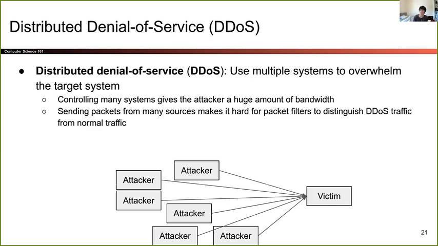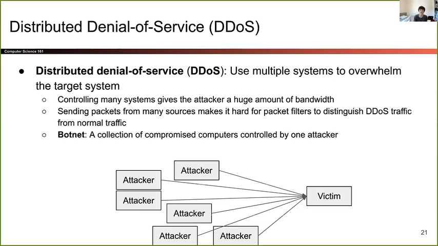So DDoS is definitely one of the more destructive DOS attacks out there, and it can be made really efficiently through something called botnets. A botnet is a collection of compromised computers controlled by one attacker. So let's say they wrote a piece of malware and this malware spread through the internet. And this malware, all it does is it waits for commands from the attacker's computer.